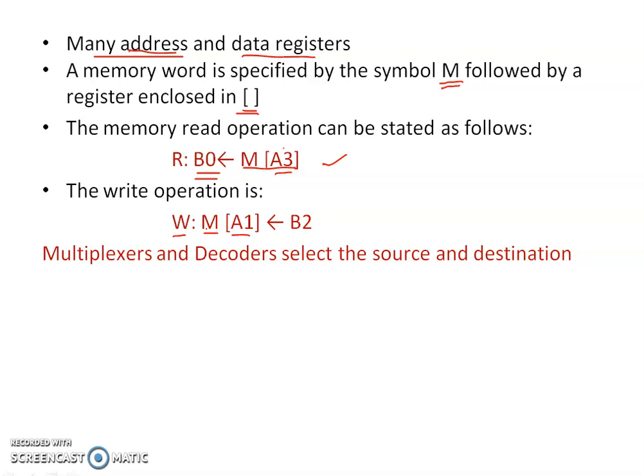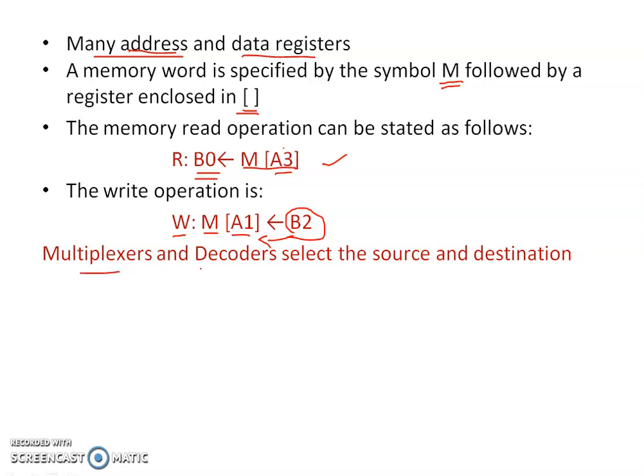M of A1 means the memory word stored at that address. B2 is a register, and the content of B2 will be loaded to that particular location.